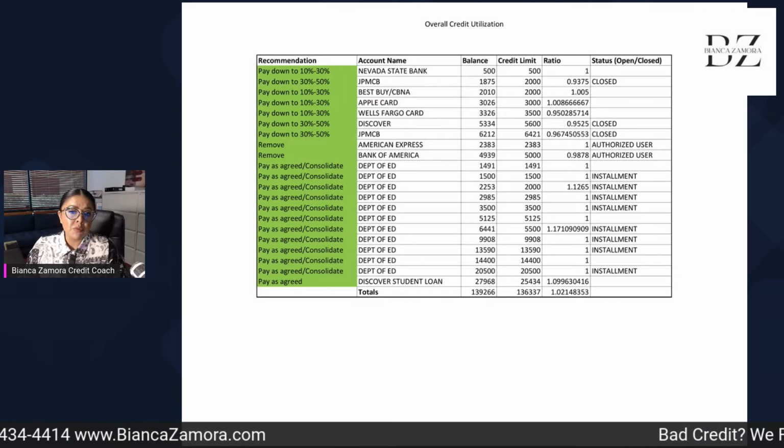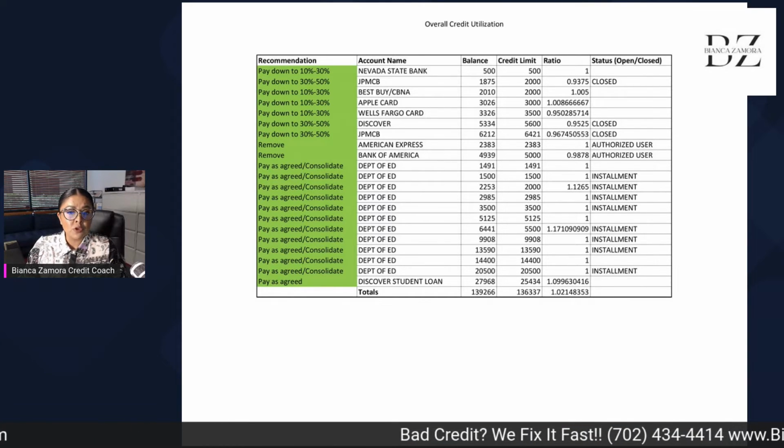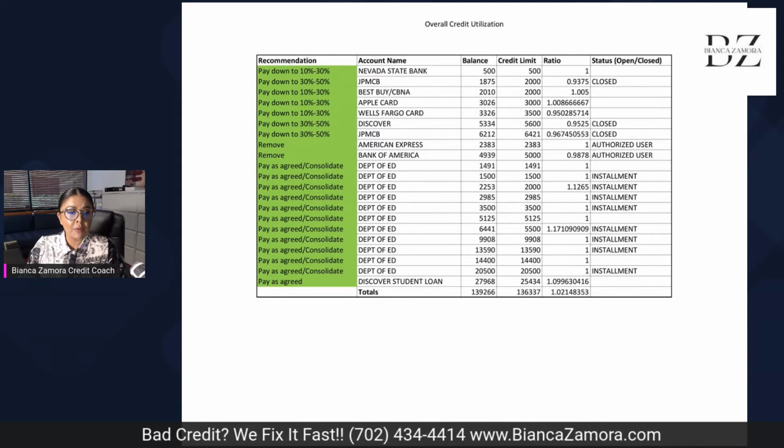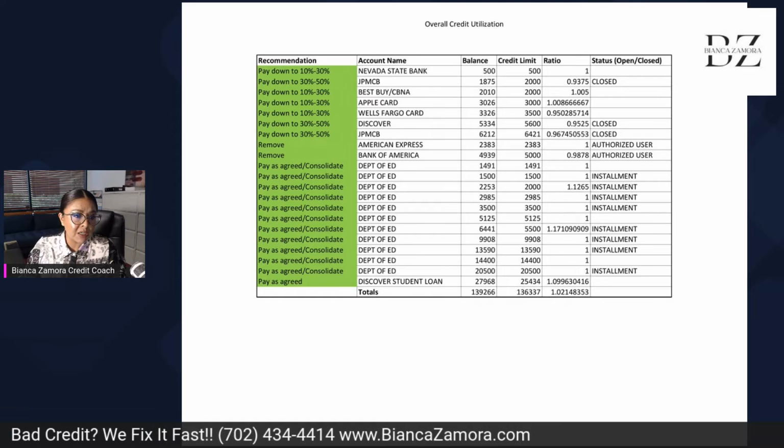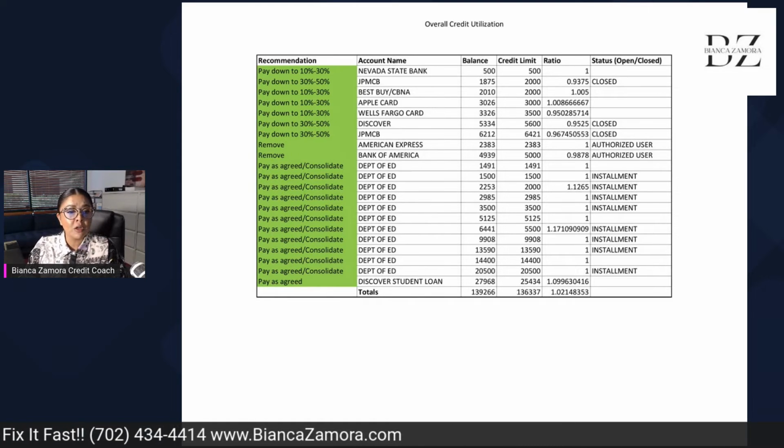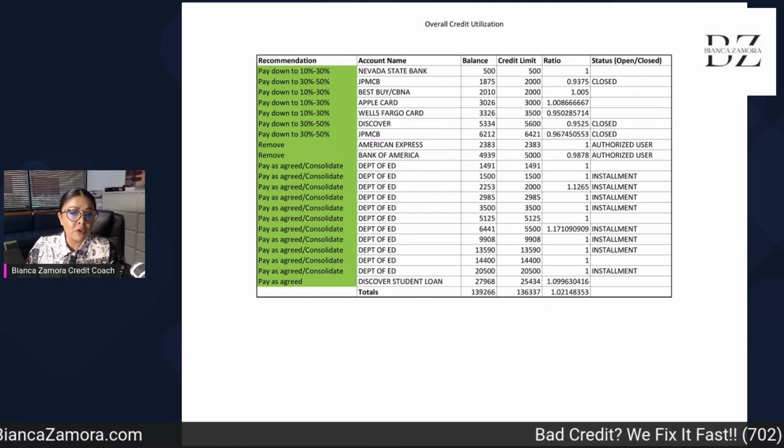Once you've done that, you're then going to try to organize your balances by the lowest ones. At this point, we're going to need to start paying down some of these cards so that you can get your individual ratios lowered.